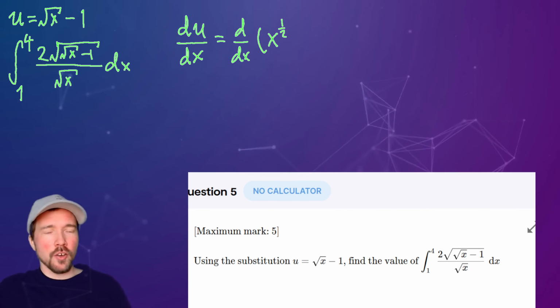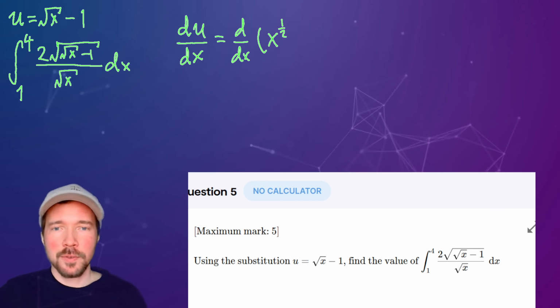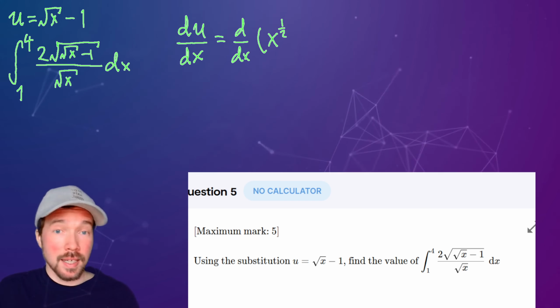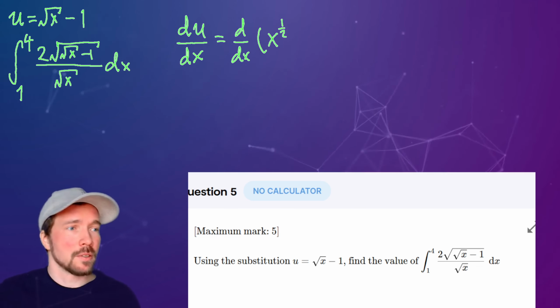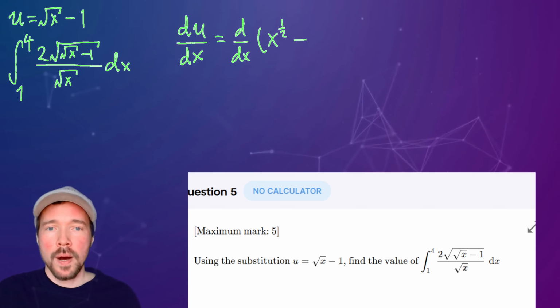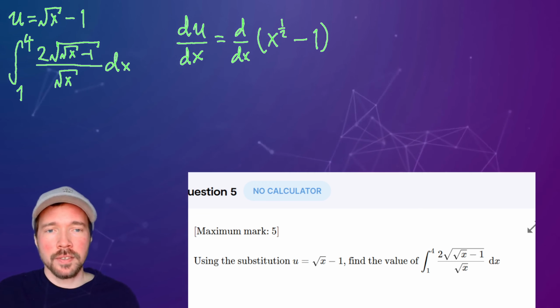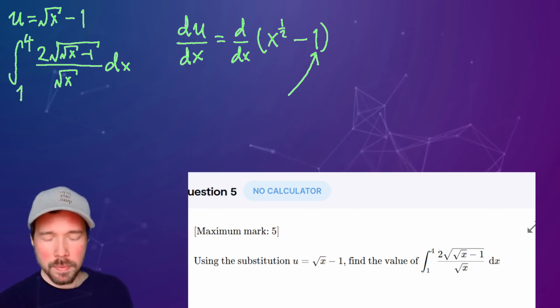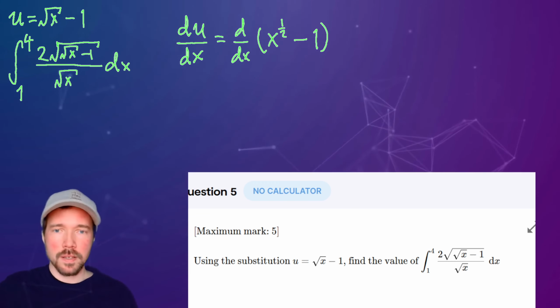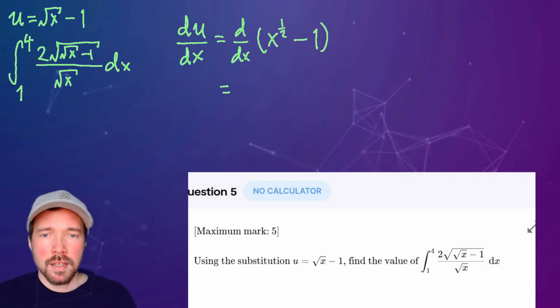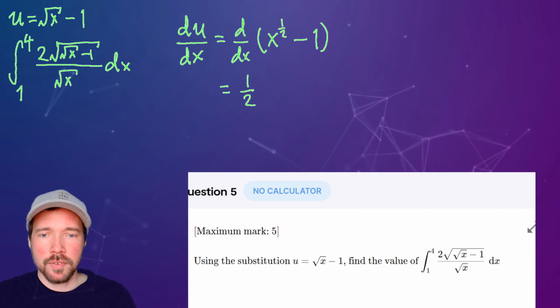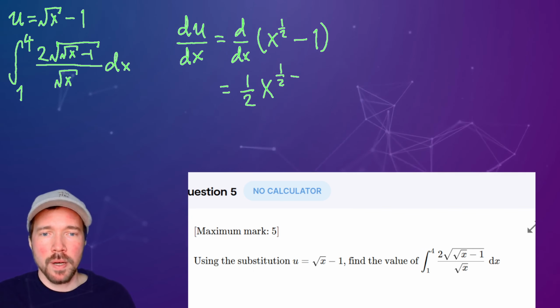There is another video of mine where I explain why square root of x is the same thing as x to the power half, but I'm not going to do this in this video. Minus 1. Now, when we take this derivative, minus 1 disappears because it becomes 0, and the rest is half times x to the power half minus 1.